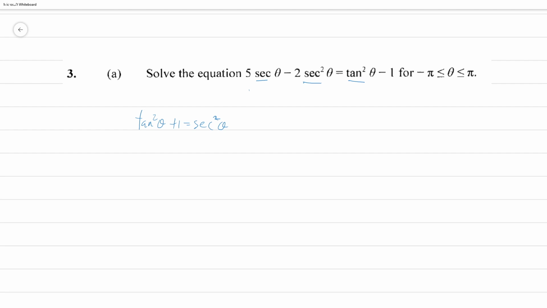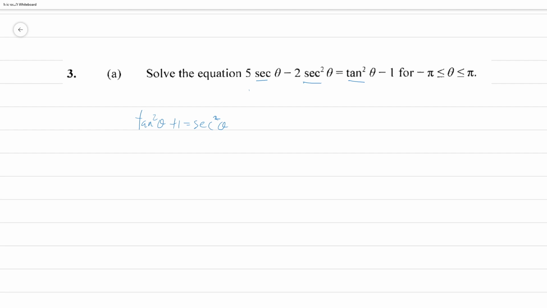So do we swap out the sec, or do we remain with the tan? From looking at it, I prefer to remove the tan and substitute it for sec squared theta.